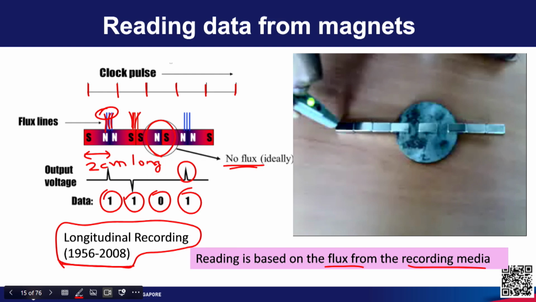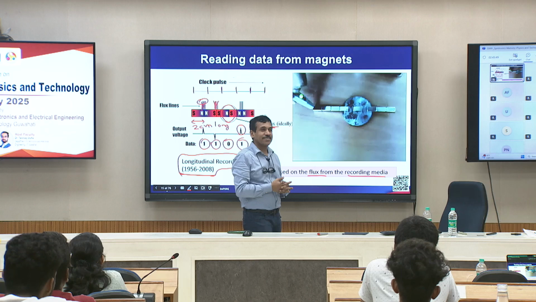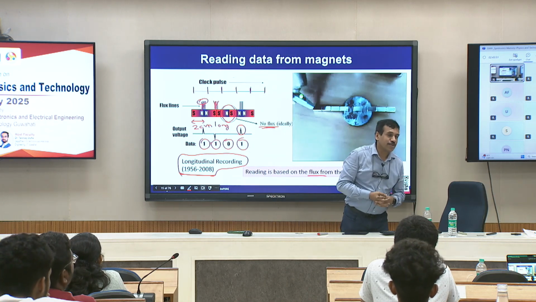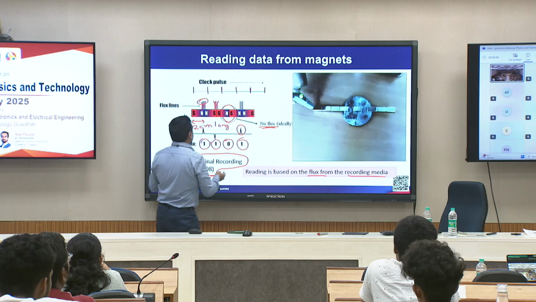Does anyone know what is the length of a bit in current hard disk technology? Any idea? Guess some number. Huh? Nanometer, yes. How many nanometer? Okay, around 12 nanometer.